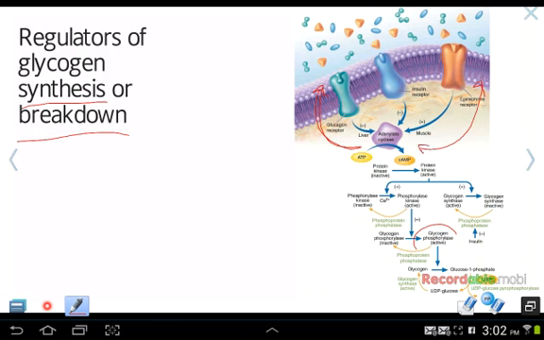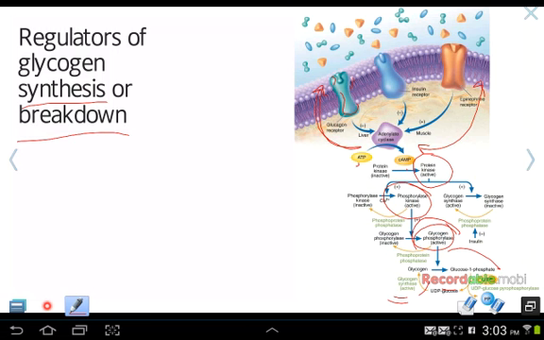So as glucagon or epinephrine is released into the blood, cell receptors on the outside of the cell will bind that hormone, which will then signal what is called a phosphorylation cascade, so ATP gets converted into cAMP, which then activates protein kinase. Protein kinase will then activate or phosphorylate phosphorylase kinase, which will then activate glycogen phosphorylase, and then we will get release of glucose 1-phosphate from glycogen.